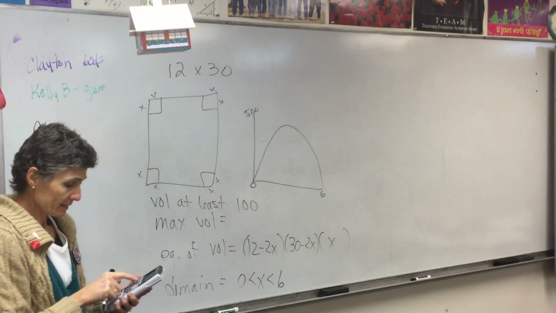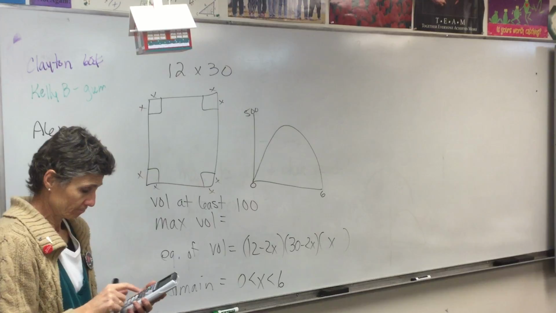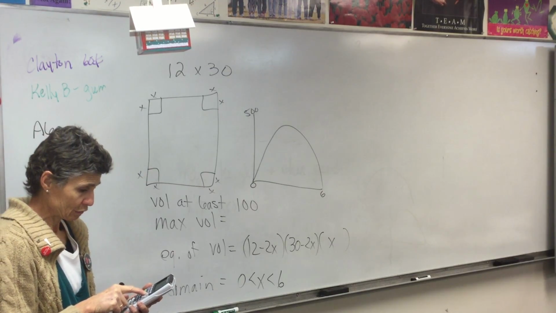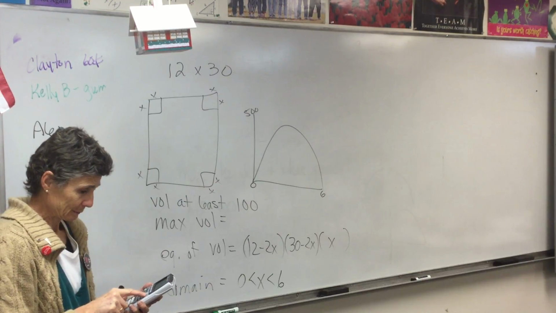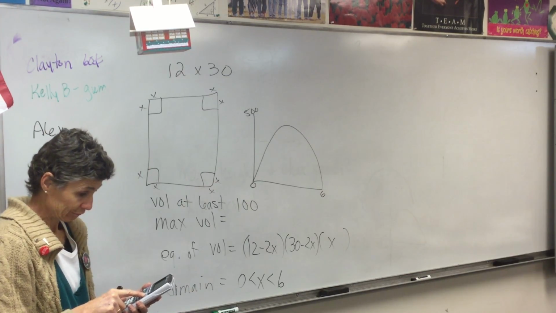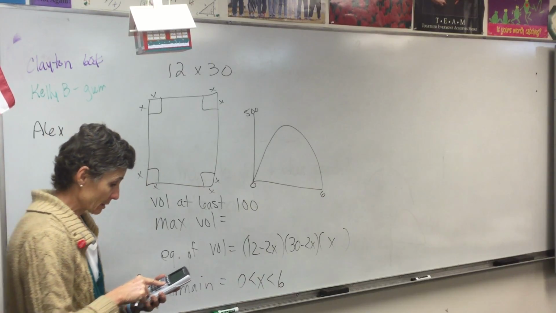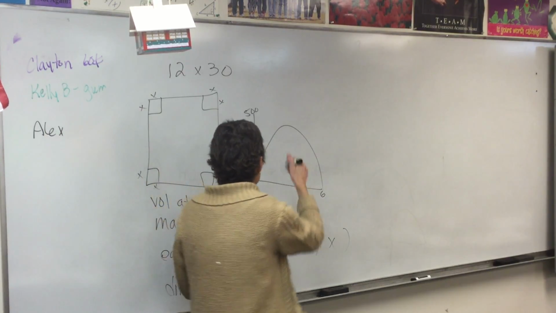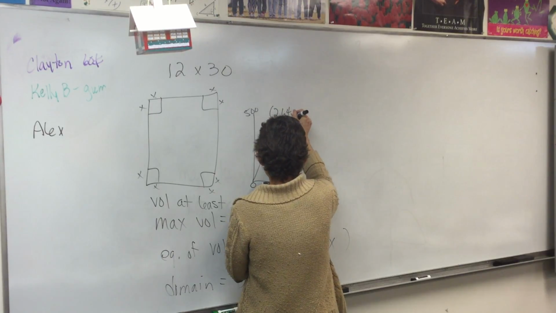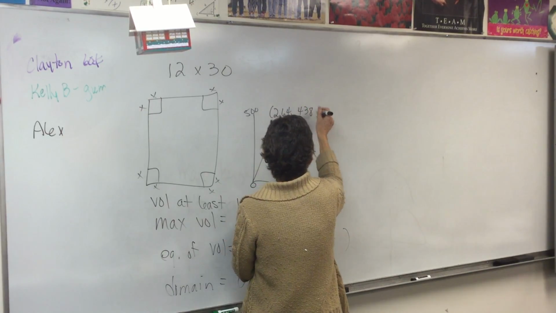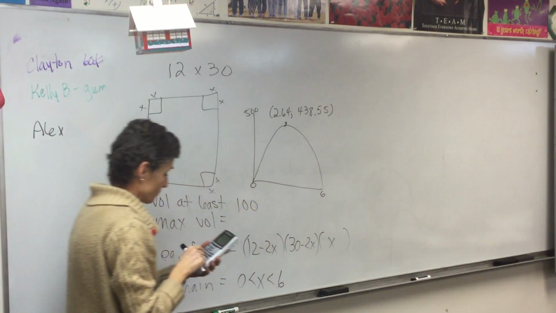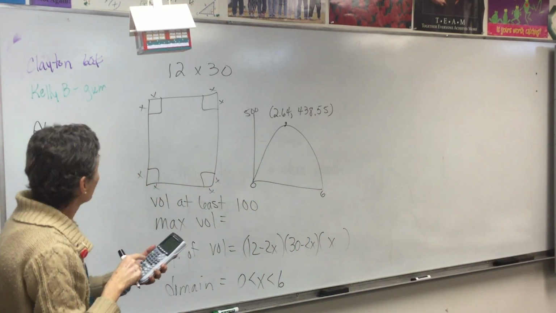So my maximum is 2.64, comma 438.55. Did I do that right?